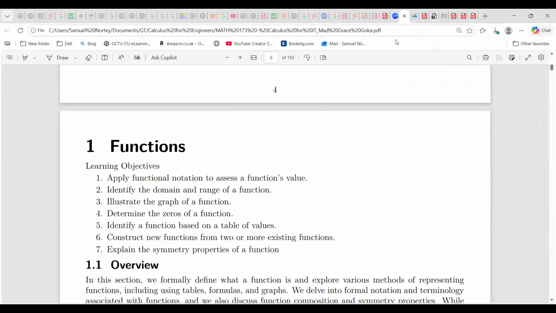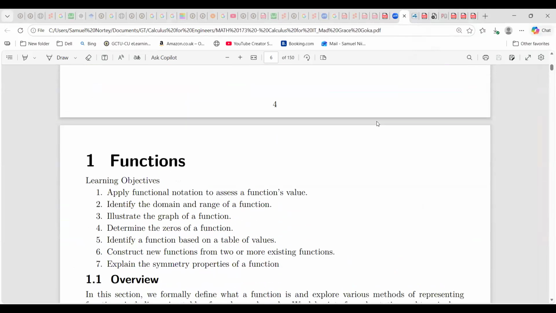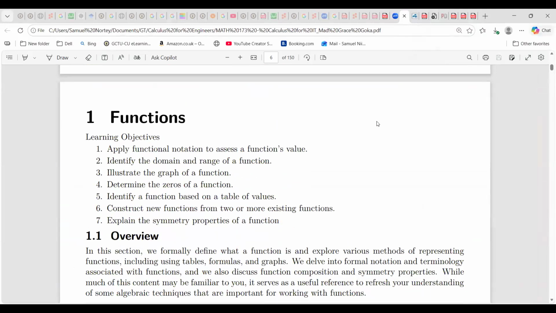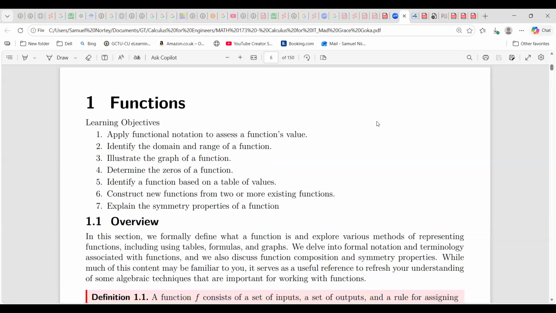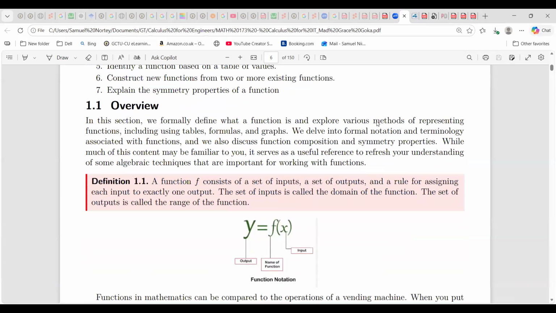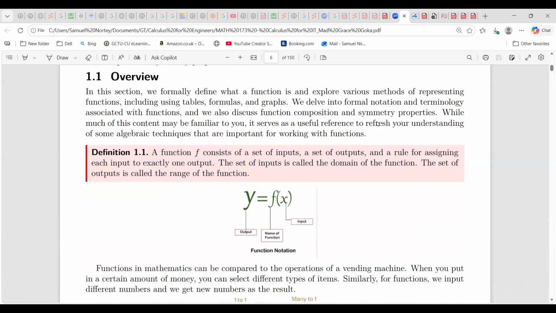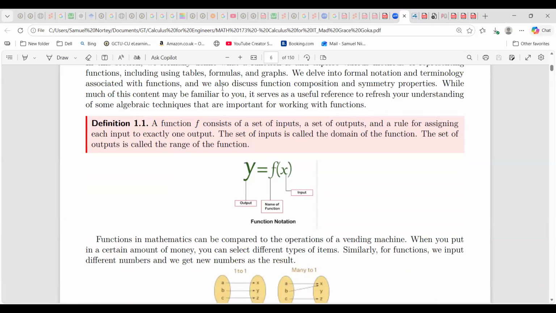So this is one of the model books that was developed by one of the lecturers, and they have defined functions, or they have also given exactly what I'm showing in the PowerPoint. Like I said, a function consists of a set of inputs and a set of outputs, and the rule for assigning each of them.